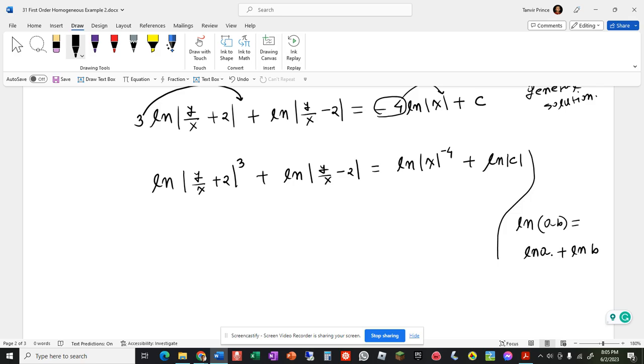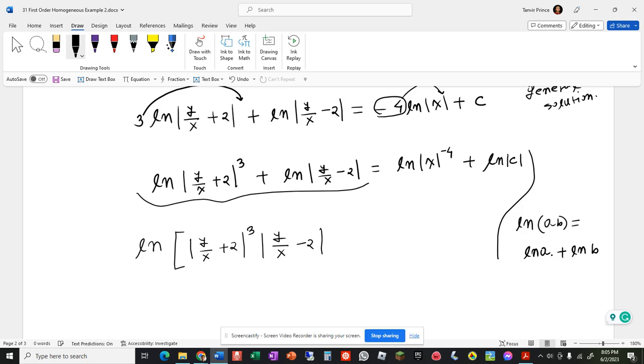So you can use this to combine these two into one ln. And on this side, you can do the same thing. You can combine this. So I can write this like that.